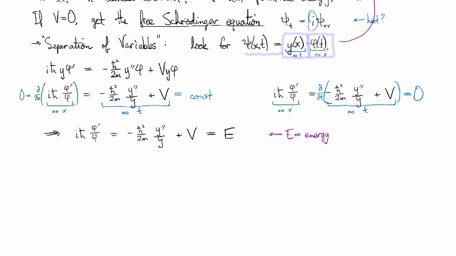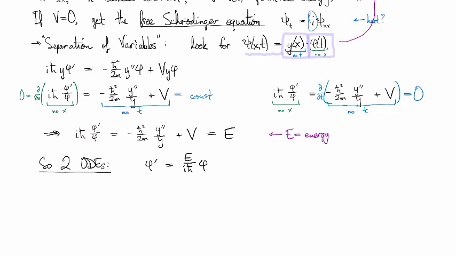So now if I look at the fact that the left side is equal to E, we get two ODEs out of this formulation. On the left side, we have phi prime over phi is equal to E divided by i h bar.